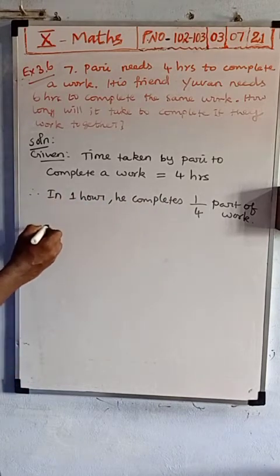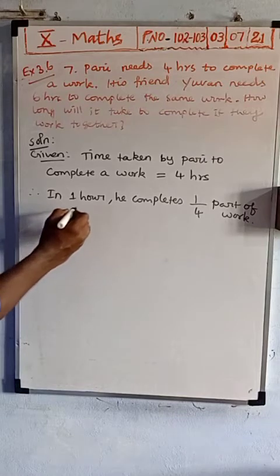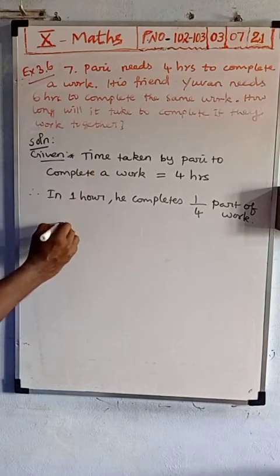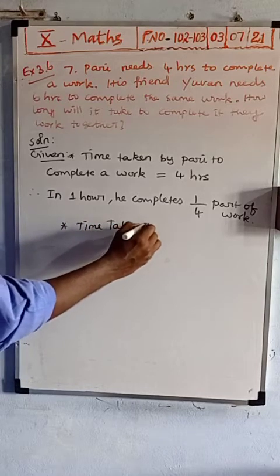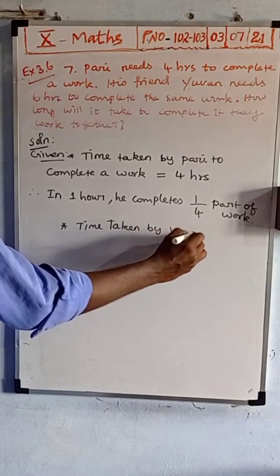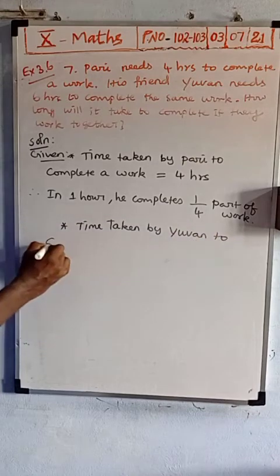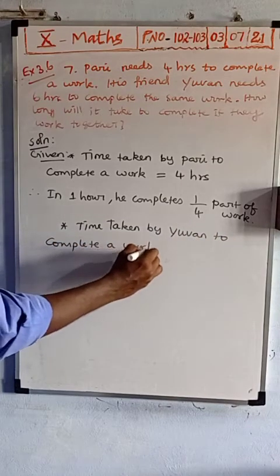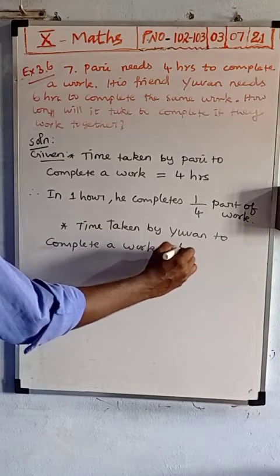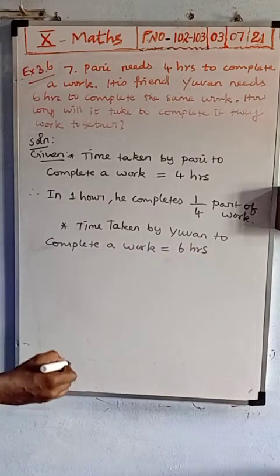Then next, the time taken by his friend Yuvan to complete the same work. How many hours is needed? 6 hours is needed.